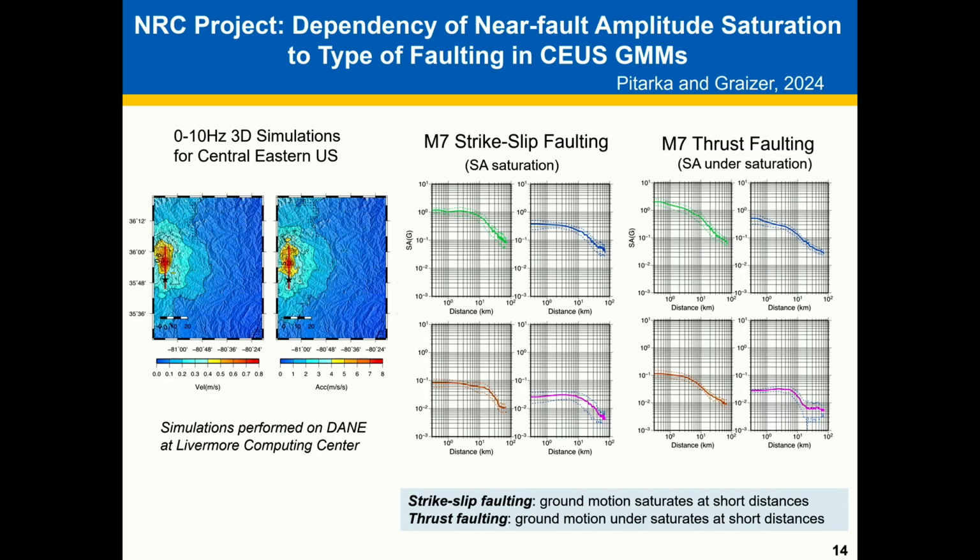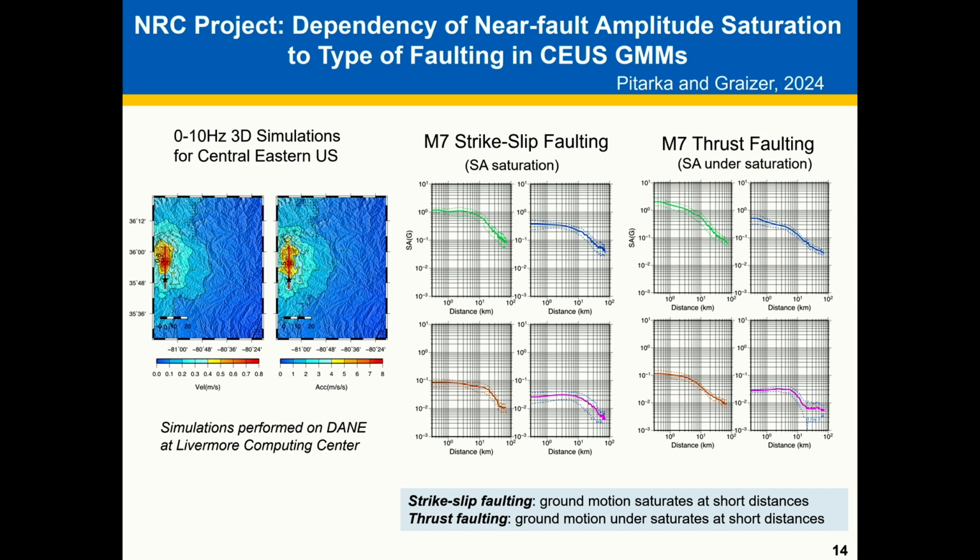What we also observe, which is very helpful for engineers, is that the ground motion could be different depending on the faulting. For a magnitude 7 earthquake with strike-slip faulting, you have a flat ground motion, or a saturation, with distance.